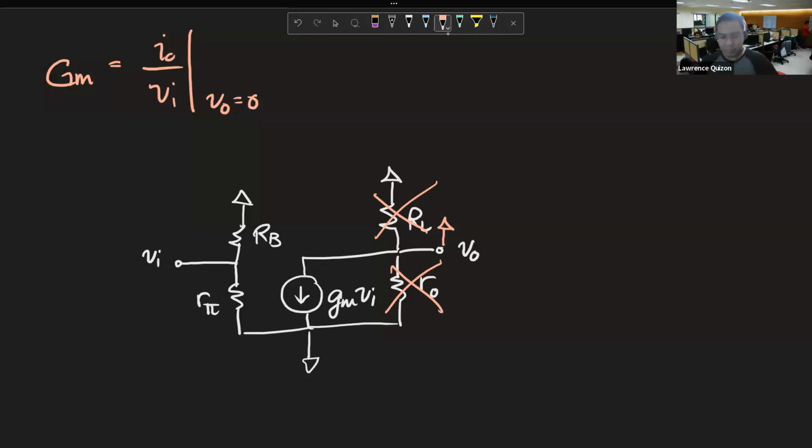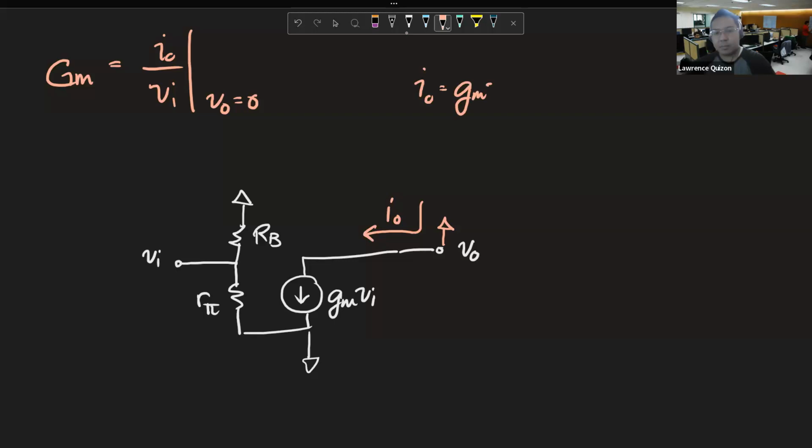Ground yung things around them, so wala sila magagawa. So now we have this. And so I out would be this current, kasi it's the current that comes from V out, and V out is ground. So I out yun, and we find that I out is gm V in again, which means that big Gm is actually small gm pa din.